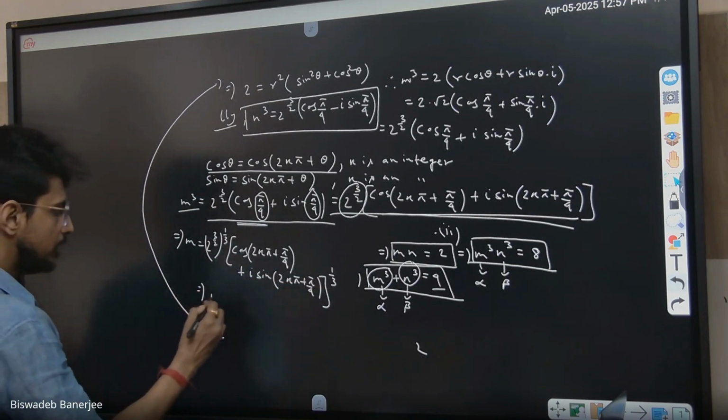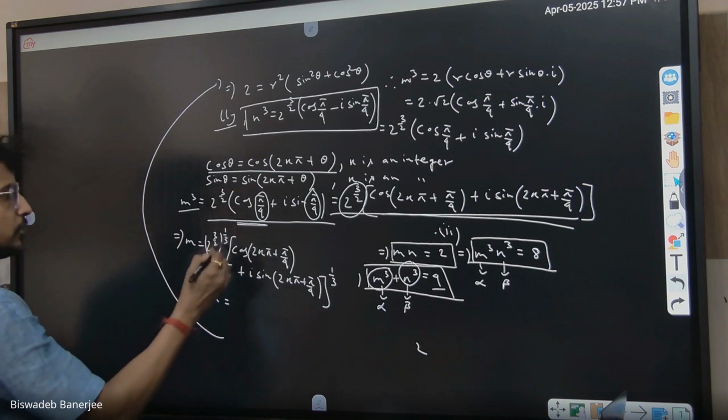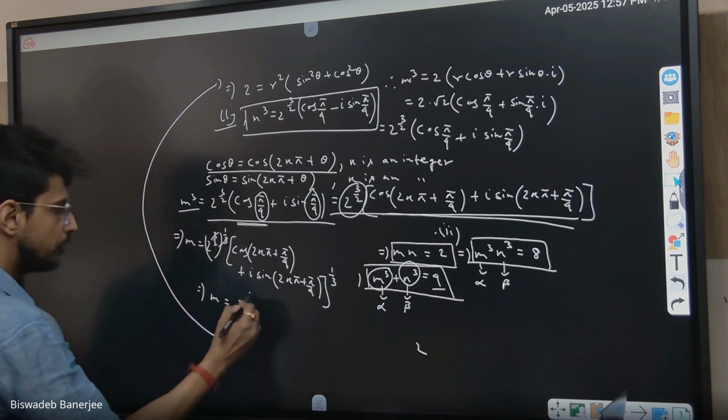So after simplifying, see that the 3 gets cancelled, and there is 2 to the power half.